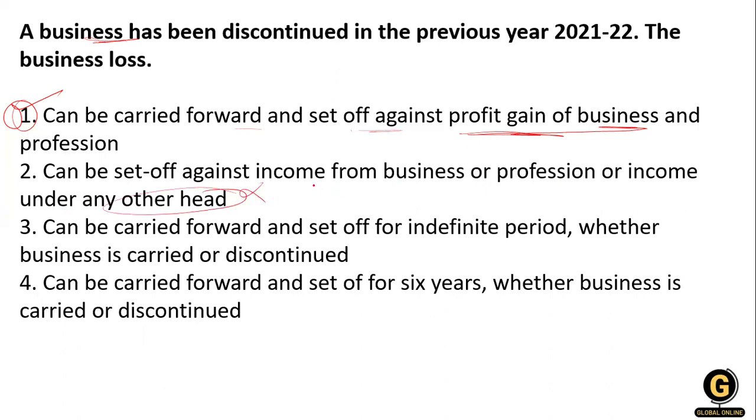No, first of all we have to set off within the same head. Can it be carried forward and set off for an indefinite period? No ma'am, not for an indefinite period. Then can it be set off for 6 years? No, there is no such provision in the Income Tax Act 1961.